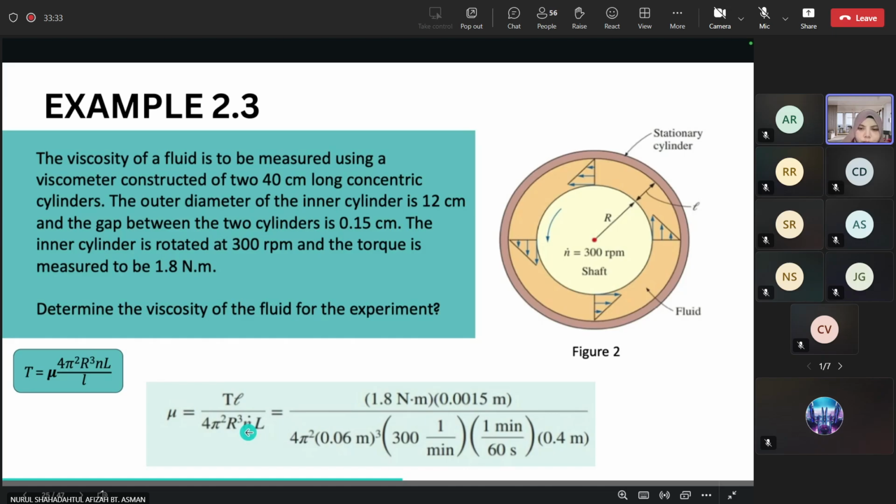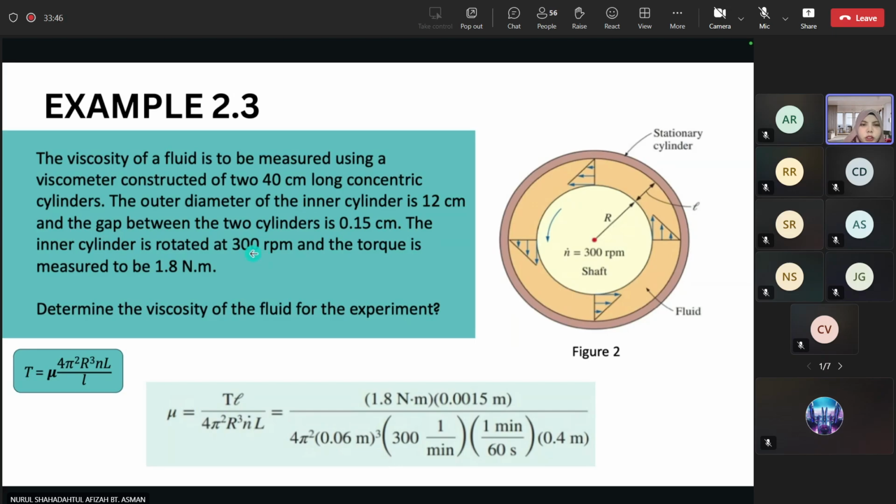And then N, the angular speed, which is 300 RPM, rotations per minute. You need to change minute to second, from 300 rotations per minute to rotations per second.